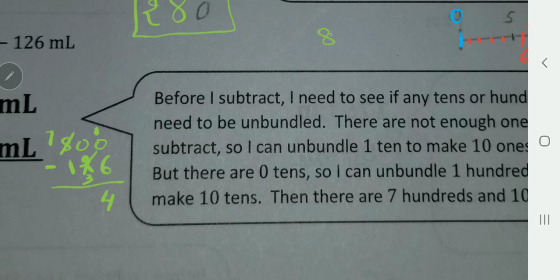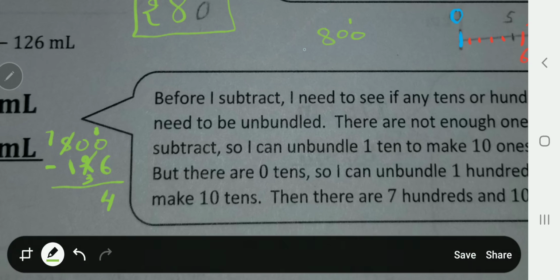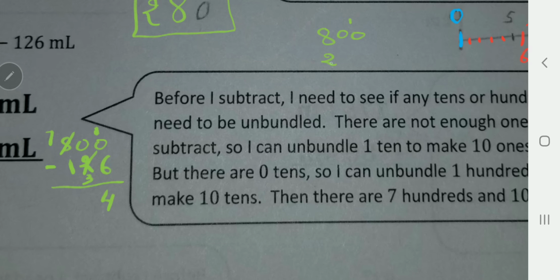I can keep it 8, but I can make the bottom one, this 1 here, 1 2. So I make this 1 2, and then remember this 2, I made it 3, and then this is the same thing, 6.